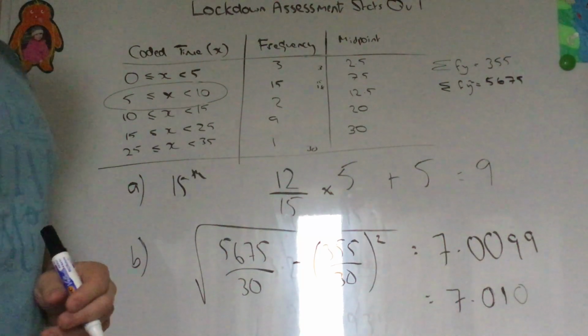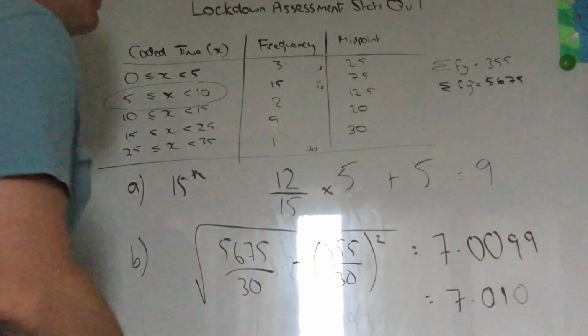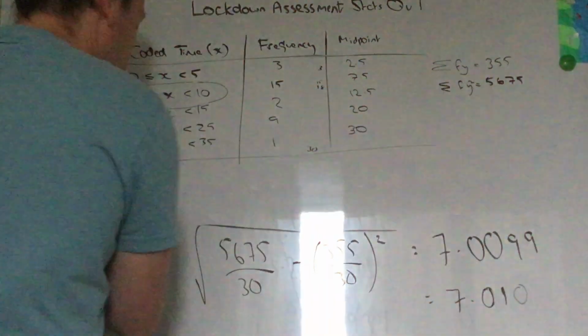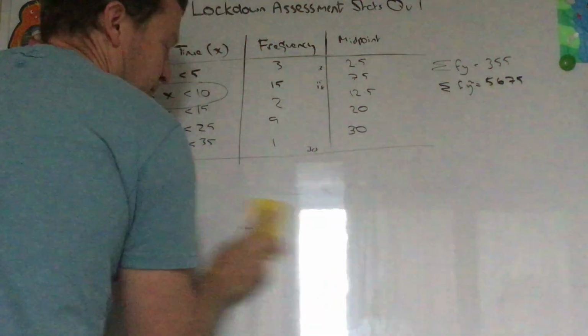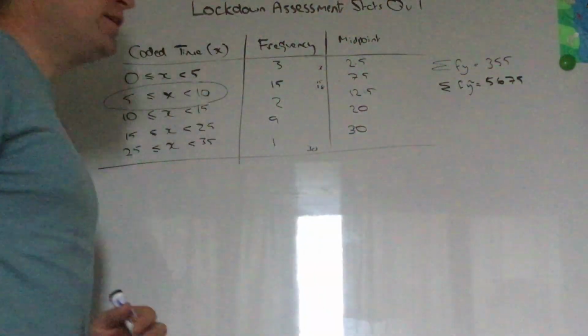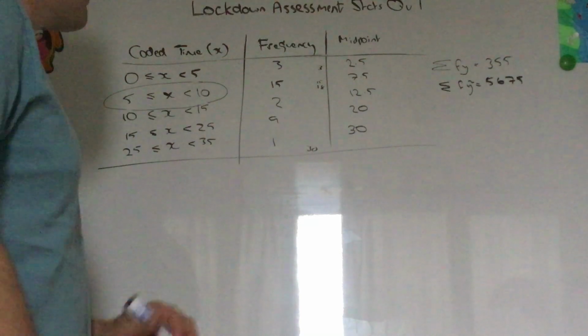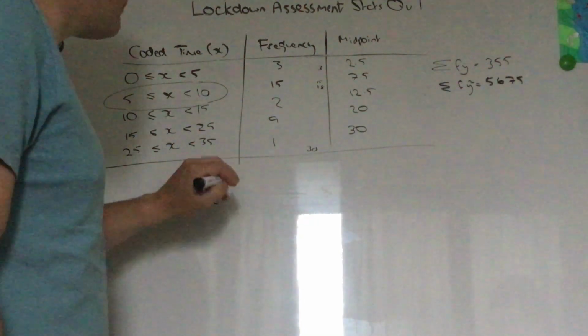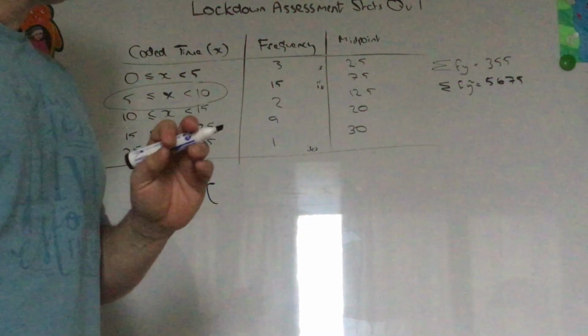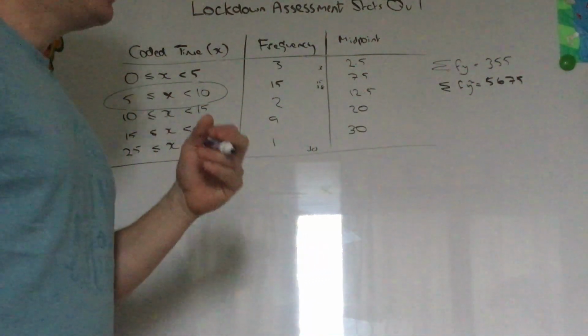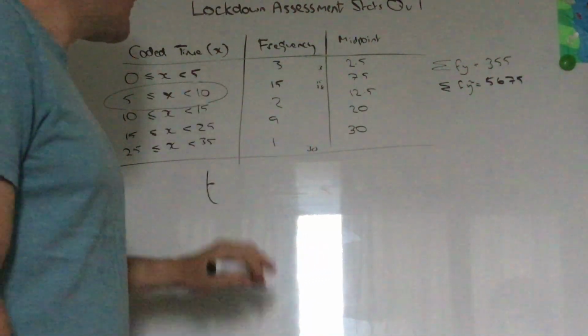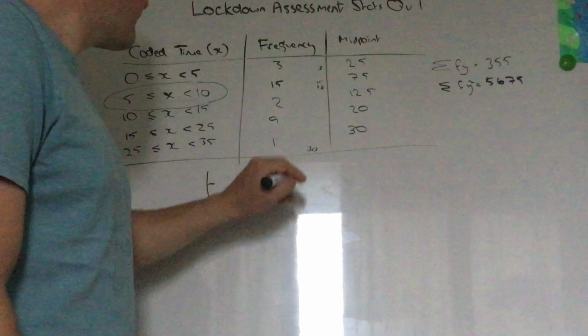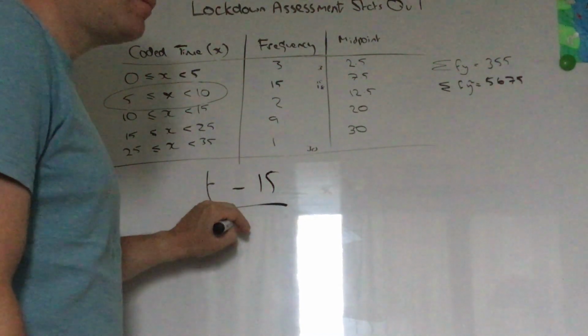Right. Question C got a little bit more complicated. Okay, they told us that the data have been coded. Okay, so the original data was called T, the time it took. Okay, and they'd coded it by subtracting 15 from it and then dividing by 2.